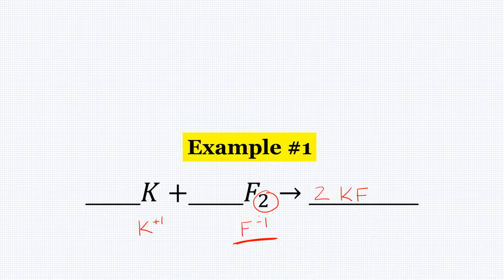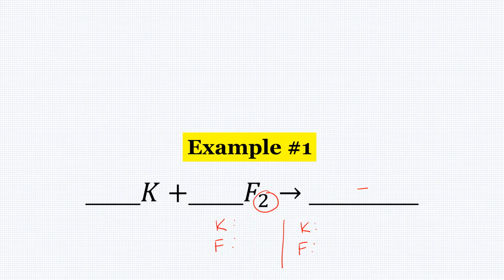So now, if I were to do my table, let me erase this so we have some more room. If I were to do my table, on this side, I have potassium fluoride. Okay, so let me maybe backtrack a little bit. So as is, we have 2 fluorines, we have 1 potassium.